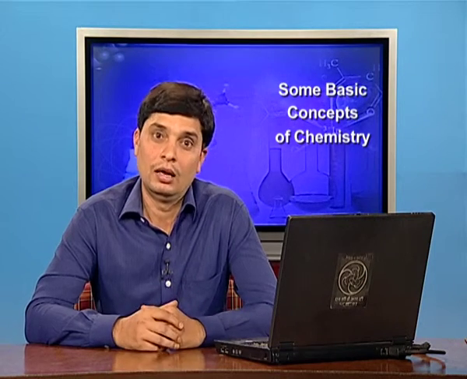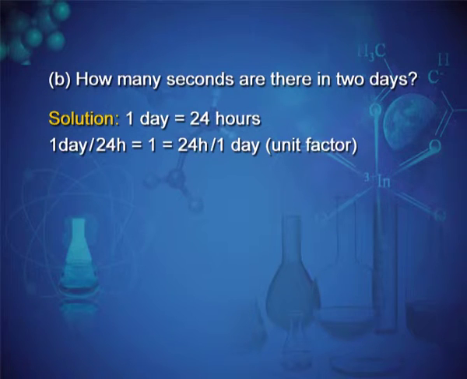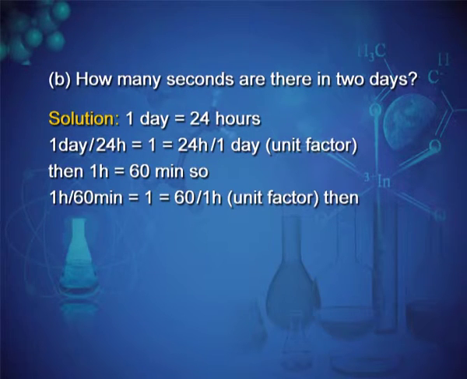Second example: how many seconds are there in 2 days? As we know, 1 day is equal to 24 hours. So 1 day is equal to 24 hours is one factor, and 24 hours by 1 day is the unit factor. Then 1 hour is equal to 60 minutes. So 1 hour by 60 minutes is equal to 1, again a unit factor, and 60 minutes by 1 hour is also a unit factor.